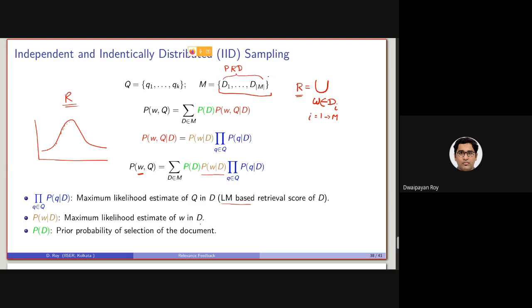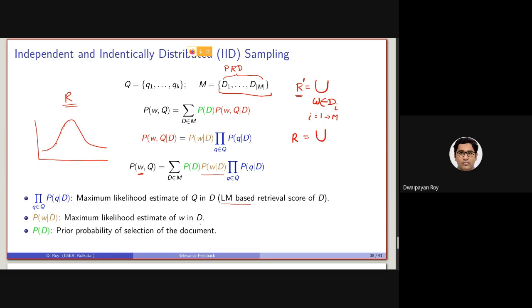Now, you can understand that there will be many terms which do not actually belong to the actual R. So let me write it this way. This R, the pseudo R, let's call it R prime, and let's call R the actual relevance set.